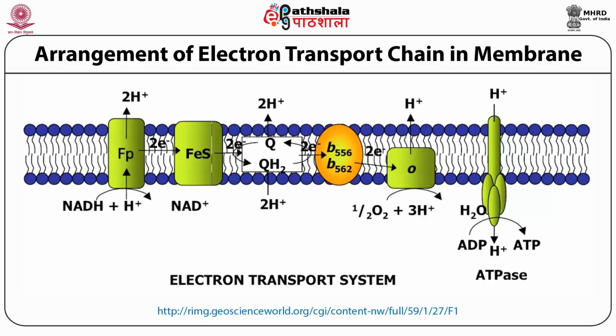It will be noted that for each pair of electrons transported through the chain, 4 protons are pumped out of the cell, thus creating a proton motive force that can be used to do cellular work, for example ATP synthesis through the membrane-bound ATP synthase.